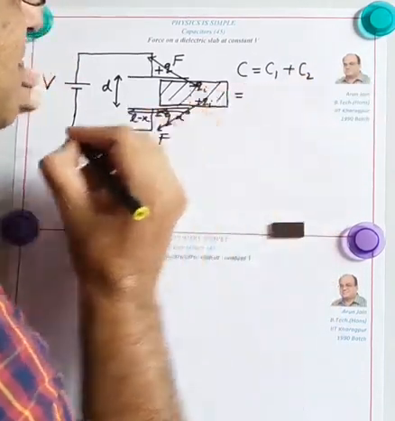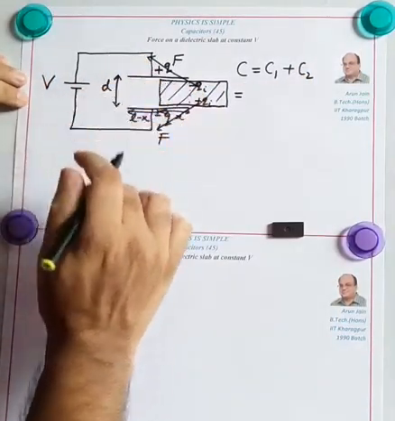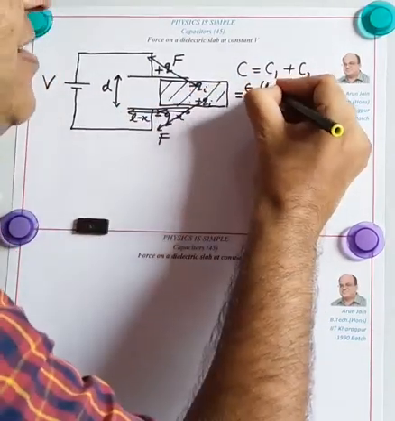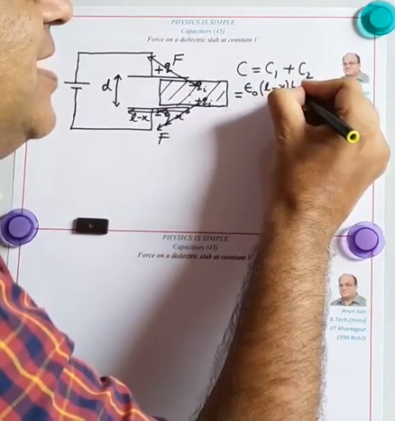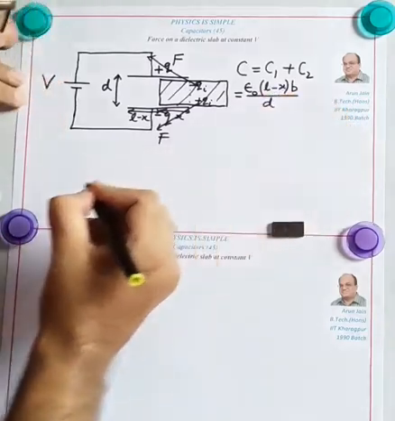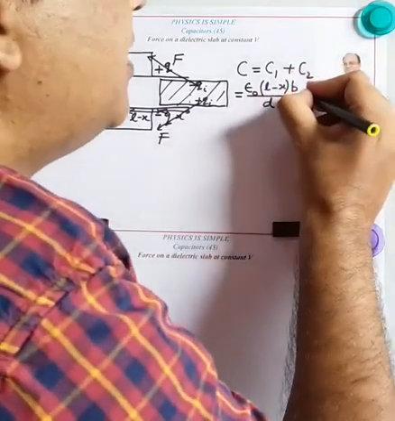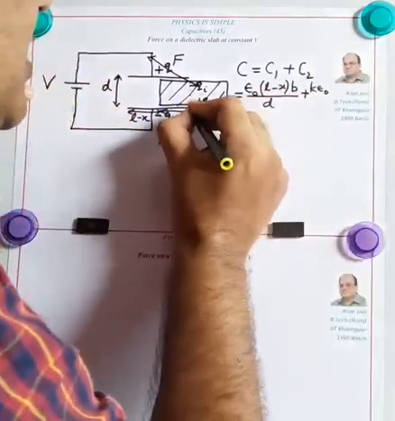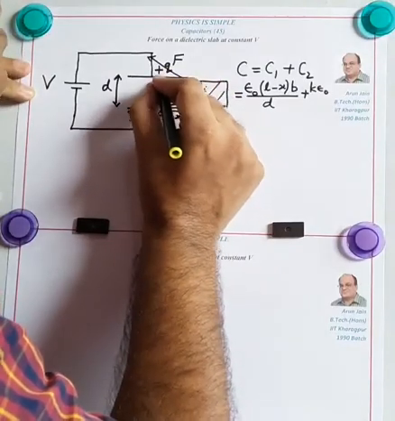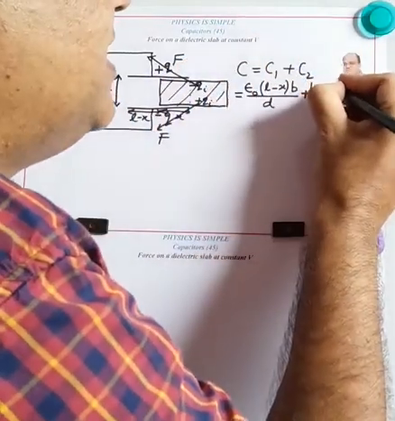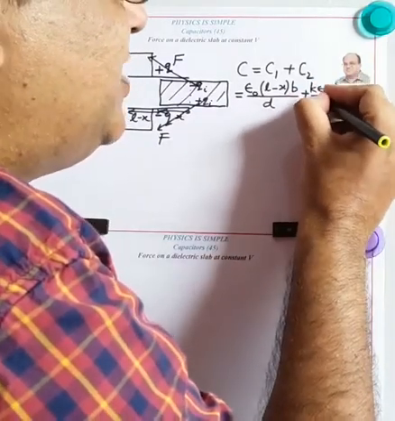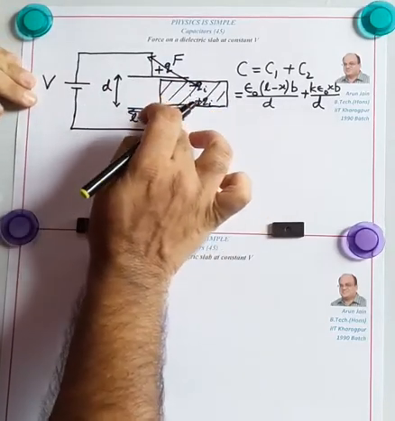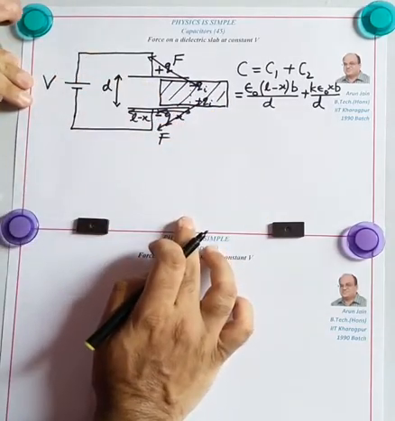That will be equal to the capacitance of the air filled capacitor, which will be epsilon naught into the area, which will be L minus X, into the breadth divided by D, and C2 will be the capacitance of the capacitor filled with dielectric, that will be K epsilon naught. Now the area of this part of the plate is X into B divided by D. So this is the capacitance of this capacitor at this instant when X length of the capacitor is filled with dielectric.